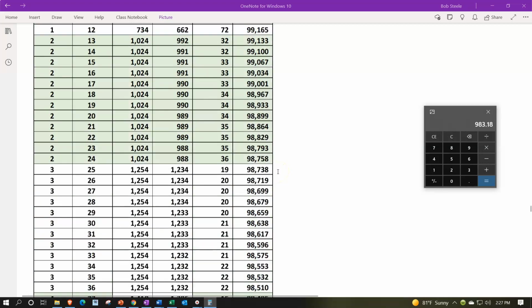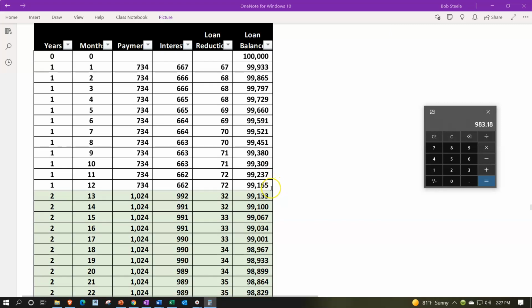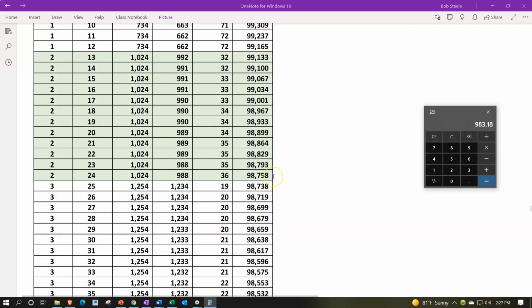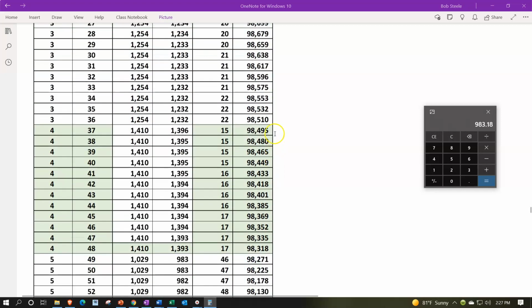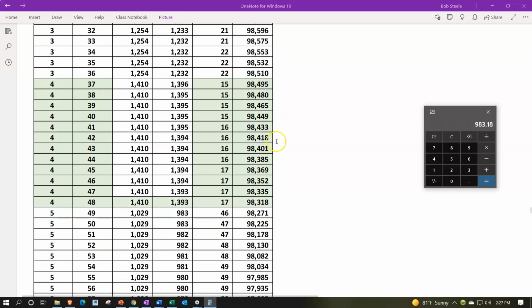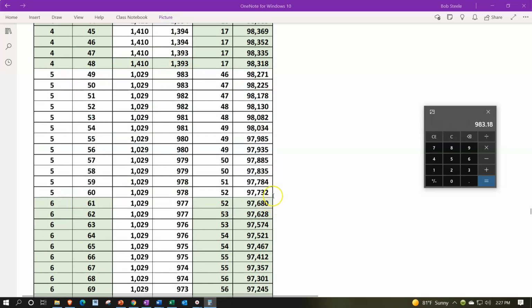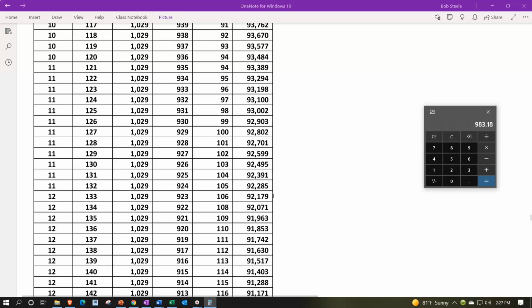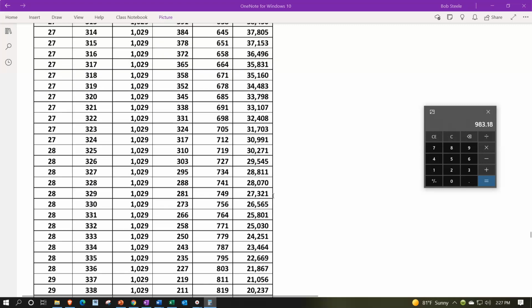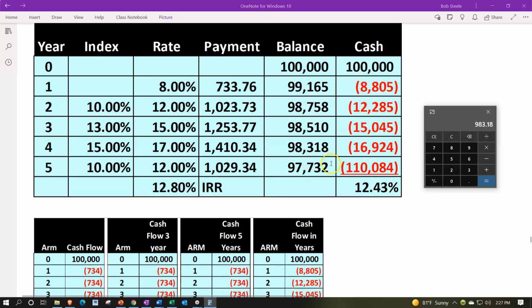The other way we can look at these ending balances, we can pick the 99,616 after year 1, 98,758 after year 2, 98,510 after year 3, 98,318 after year 4, and 97,732 after year 5. So we could have pulled those ending balances from the amortization table, or calculate them with a formula and then double check them to the amortization table.